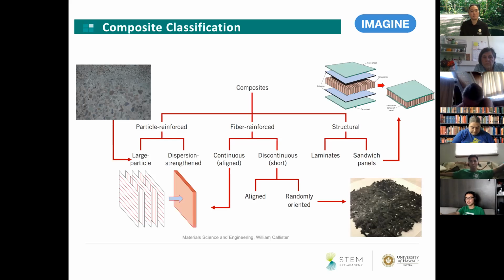Sandwich composites are used because most of the stresses will be on the outside of your part, so you don't need to make a laminate that's 10 inches thick. You can have maybe 1 inch on the top and bottom made out of the stronger carbon fiber, with a honeycomb structure in the middle. That way you save weight and still keep a lot of the mechanical properties needed for the application.